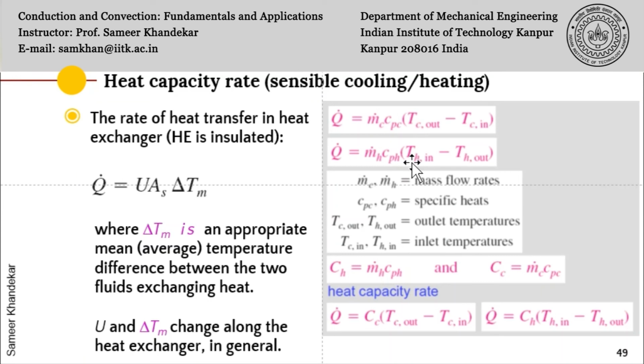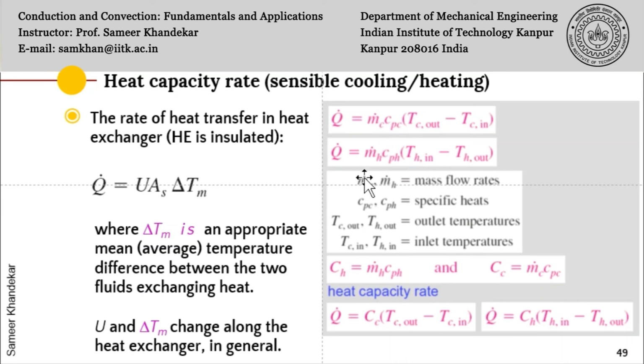And in the heat exchanger analysis, it is usually convenient to club the m dot Cp, which is the thermal mass. So m dot is the mass flow rate and Cp is the specific heat. So mass into specific heat is the indicator of the thermal inertia or the thermal mass of the system.